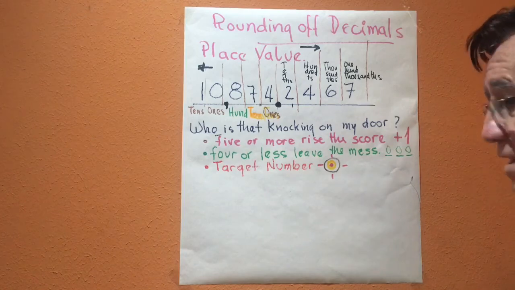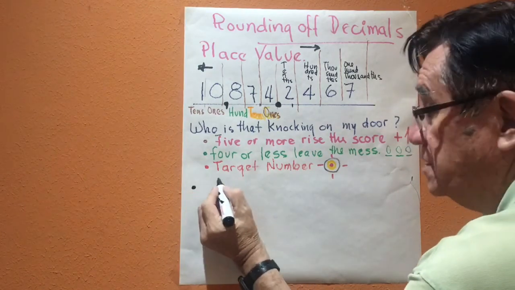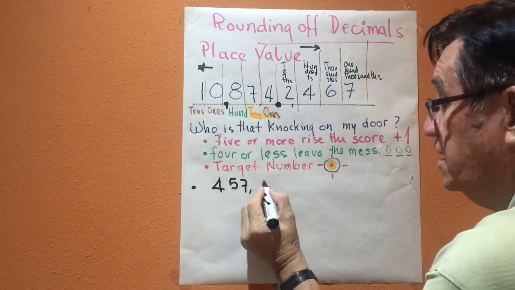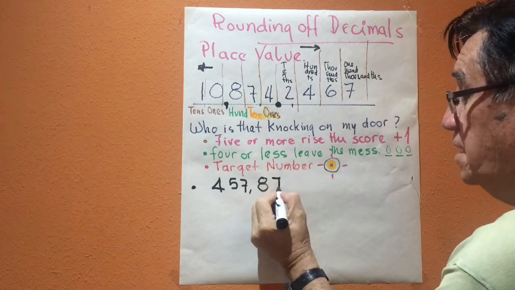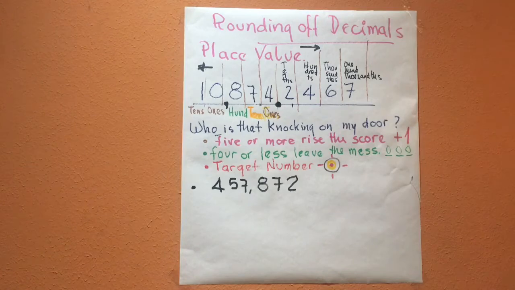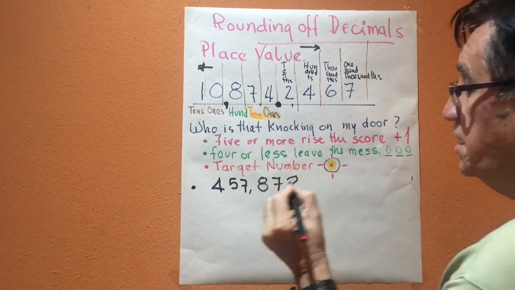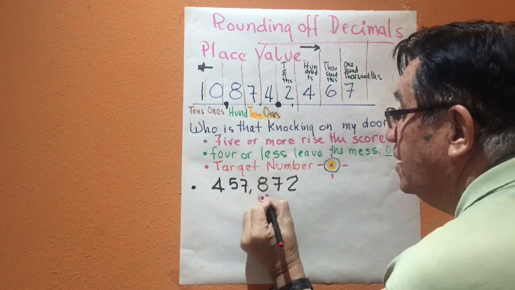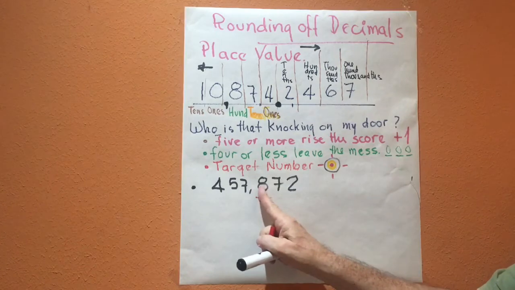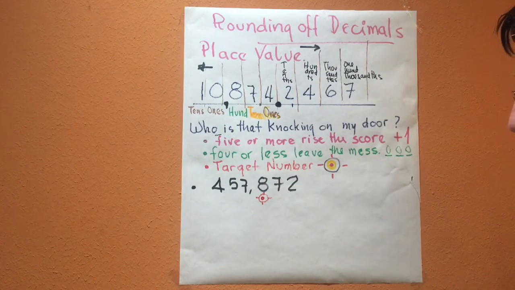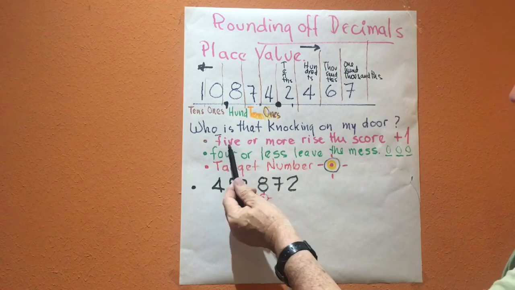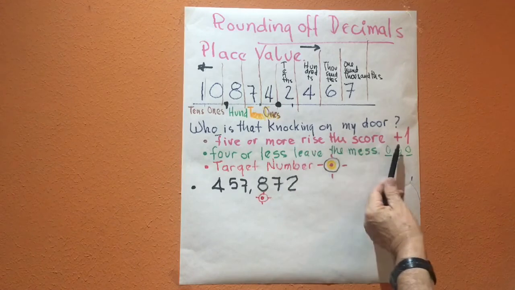Okay? Let's take into account this example. I have this number, 457,872, and my target number is, let's say, 8. It's telling me that this number should be rounded. And now let's see what my question is. Who's knocking on my door? If it's 5 or more, raise the score by 1.